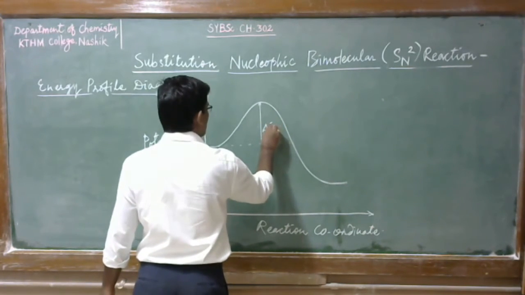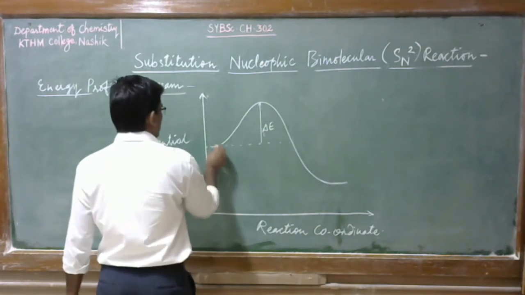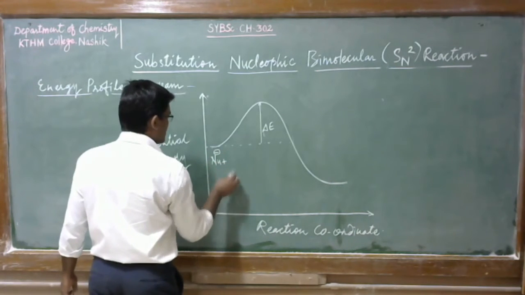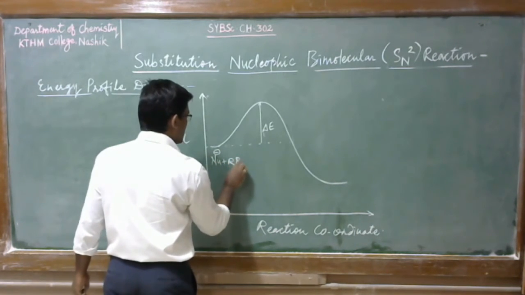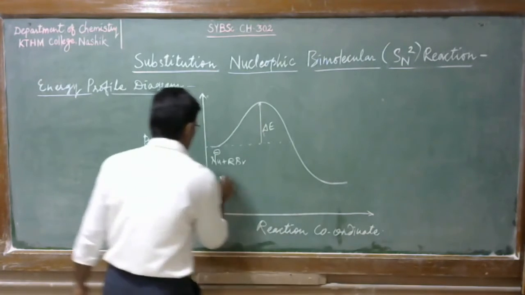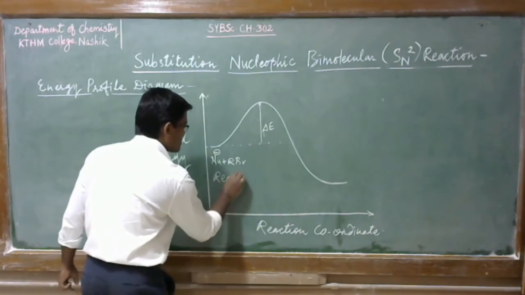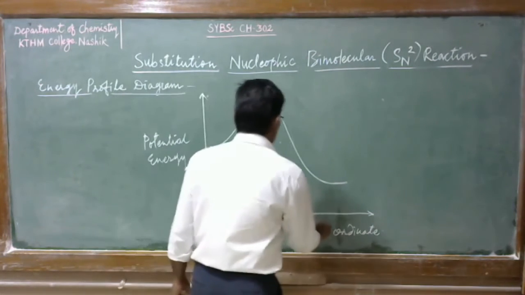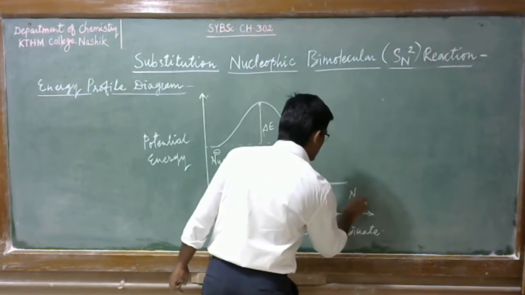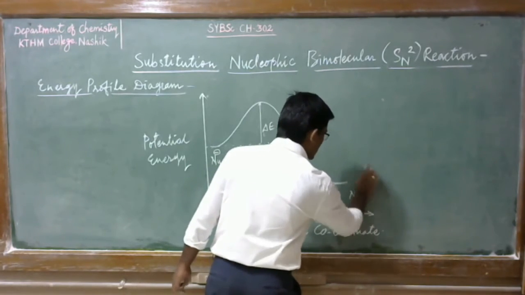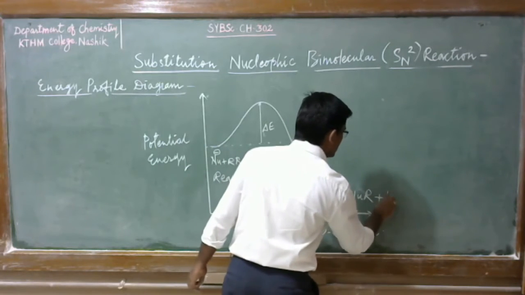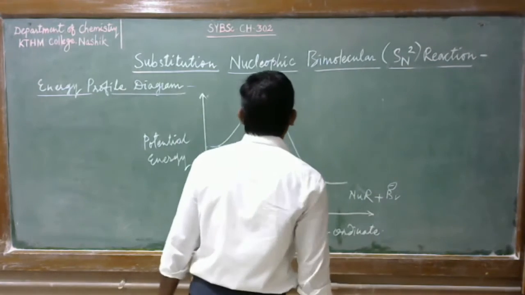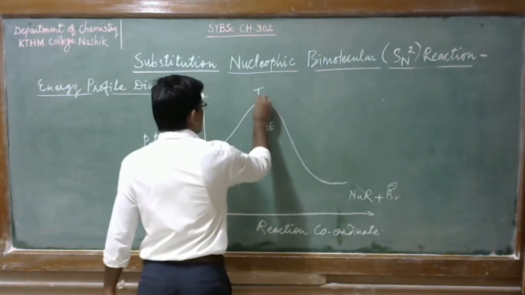Delta E is the activation energy. This will be the nucleophile plus RBr, which is the reactant, and here we will have the product plus the bromide ion. This is the transition state.